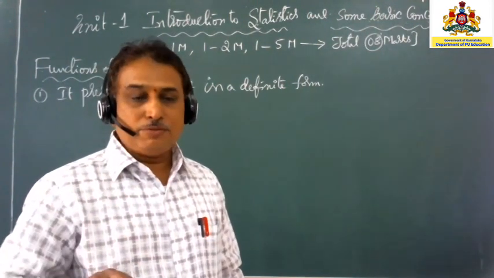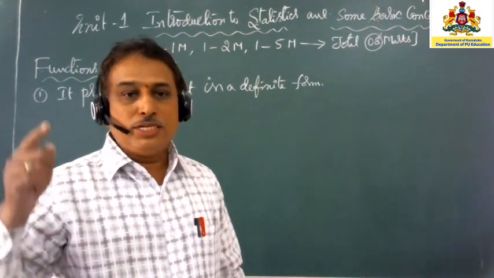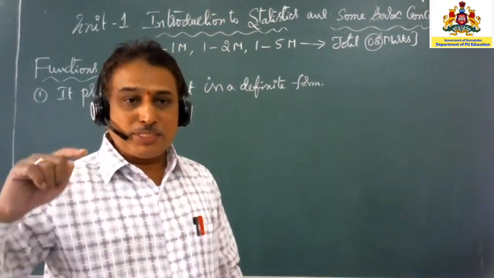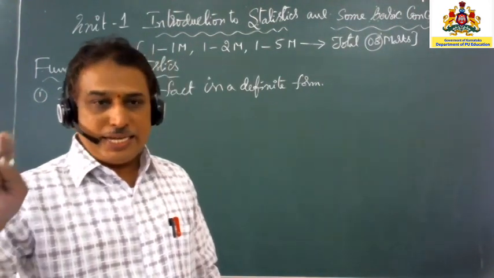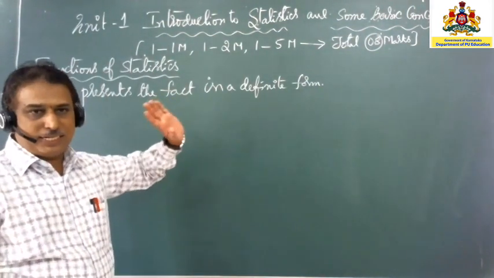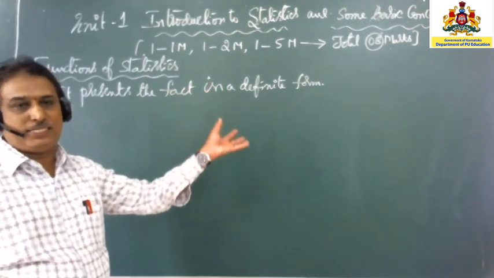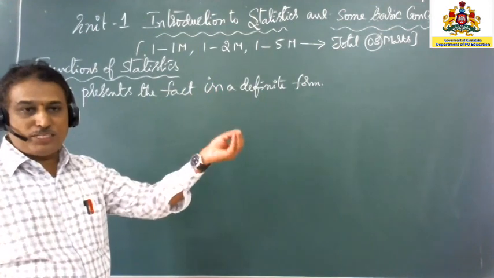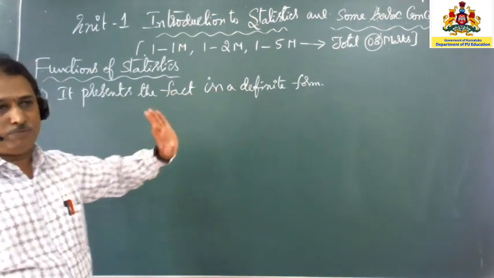They have to express, sir, I scored 88% in the SLC examination. That means they are expressing the numerical information in a definite form. That is the first function of statistics. Always we have to express the statistical information in a definite, numerical form.